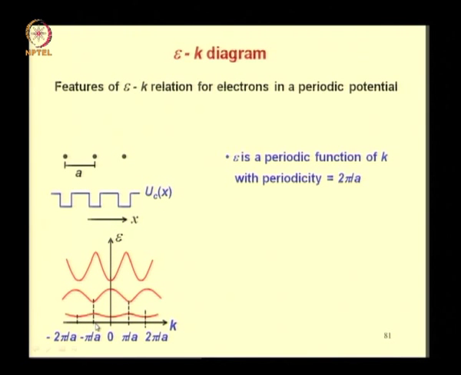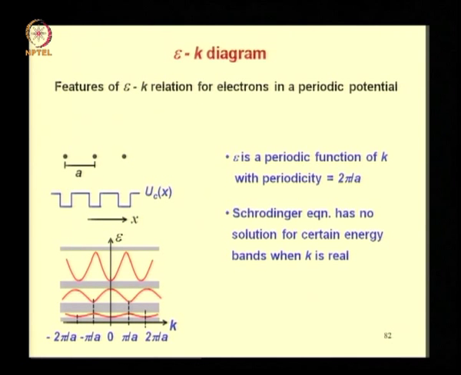You can see that from this end to this end is one period, or from 0 to 2 pi by a is one period. Now how do we explain this feature? We will see that. First let us list all the features.